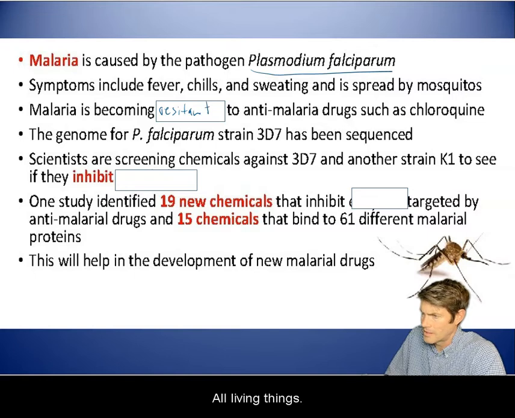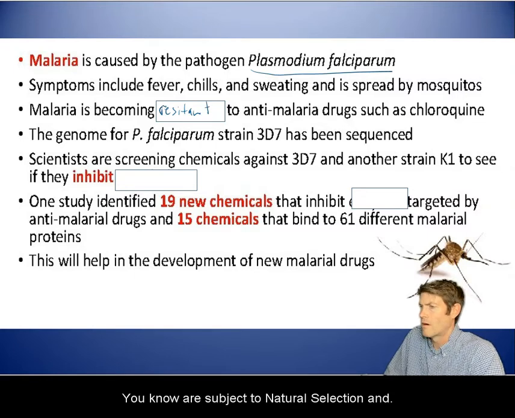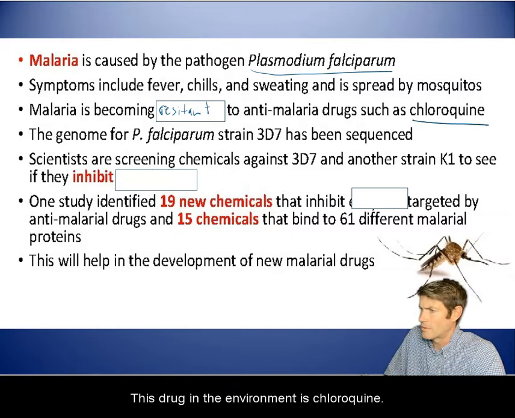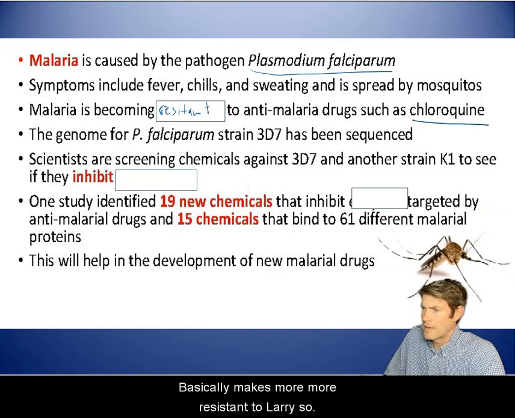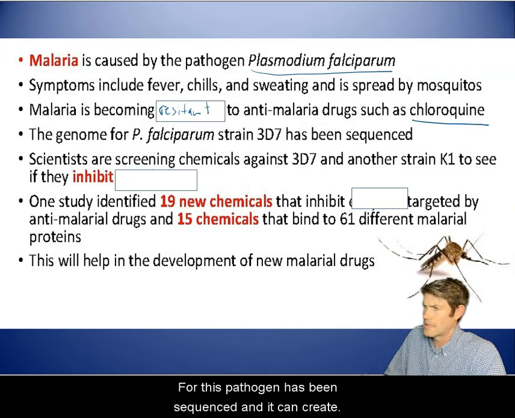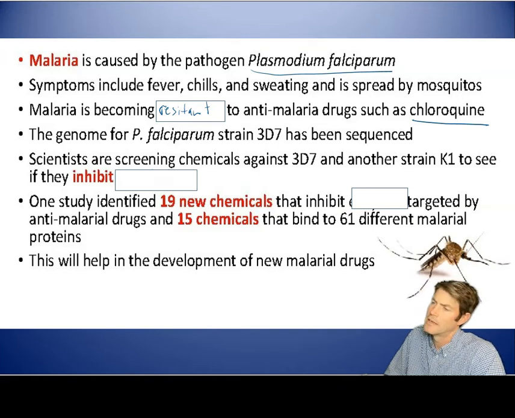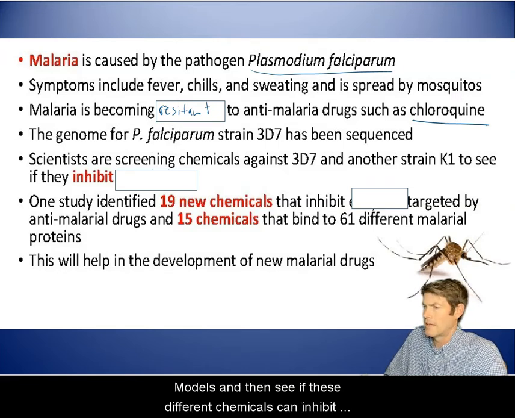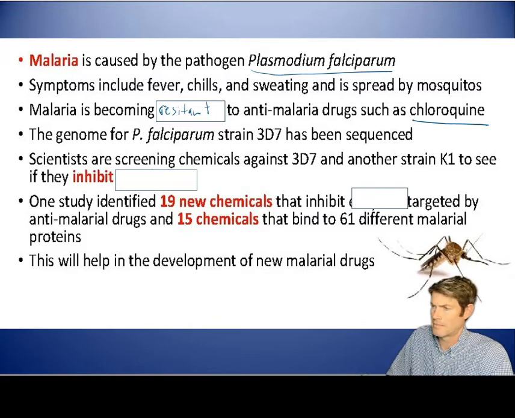All living things are subject to natural selection, and this drug in the environment, this chloroquine, basically makes more and more resistant malaria. So the genome for this pathogen has been sequenced, and it can create models and then see if these different chemicals can inhibit the metabolism.